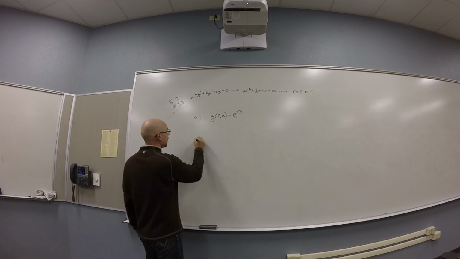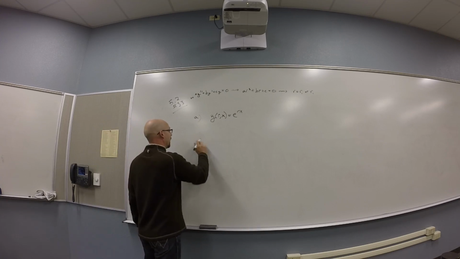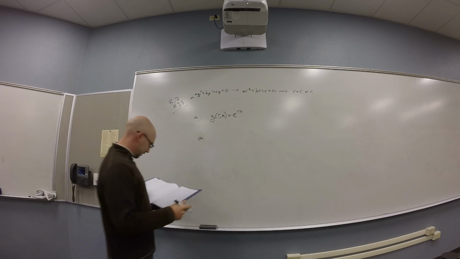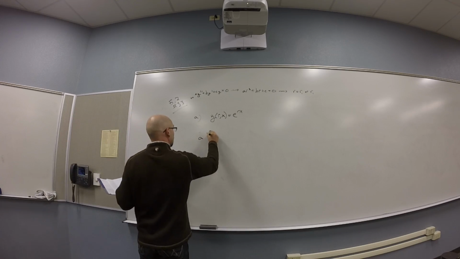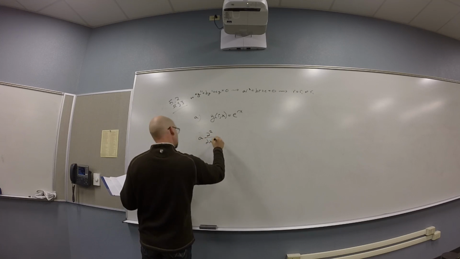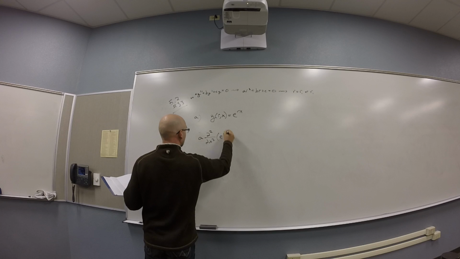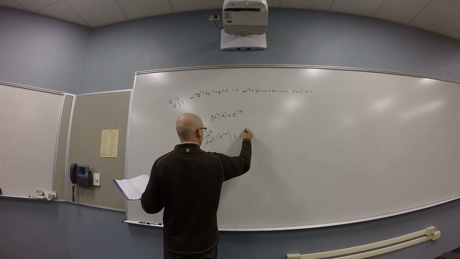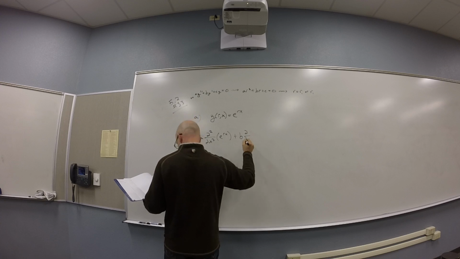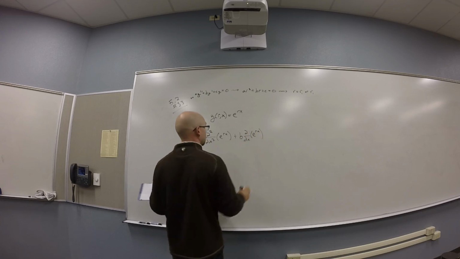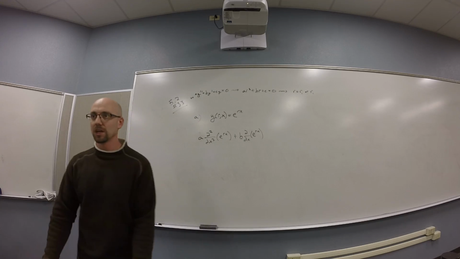So there's the number a, not the part a, and then take the second partial with respect to x of e to the rx and add that to b times the first partial with respect to x of e to the rx. Basically just do this calculation, right?